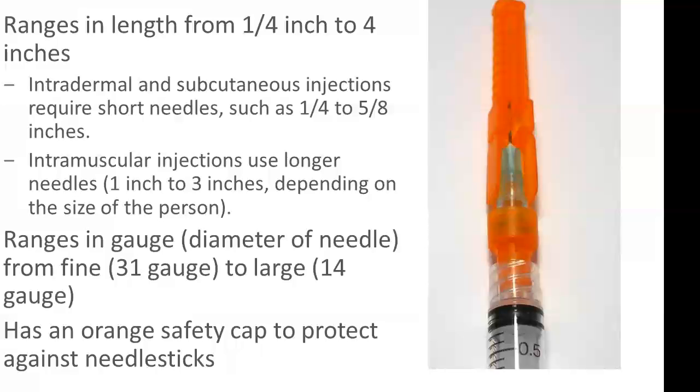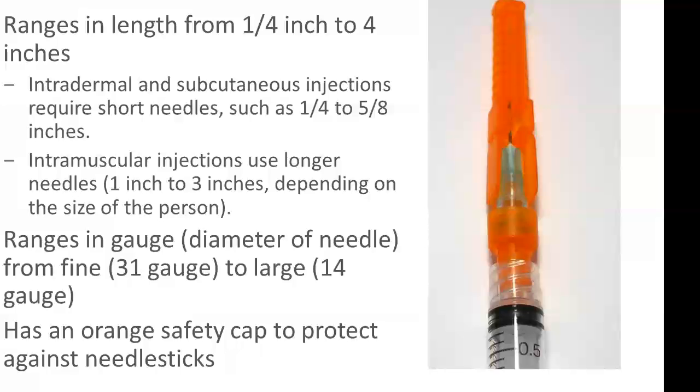Absolutely. This first one is a hypodermic syringe, which is disposable. On the end of that syringe is a needle, and those needles can range in length from 1/4 to 4 inches.